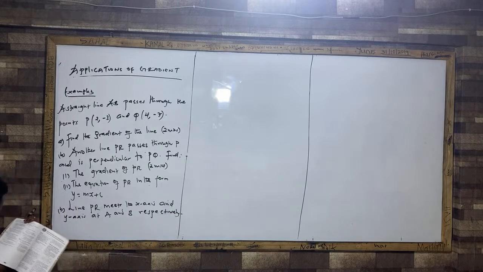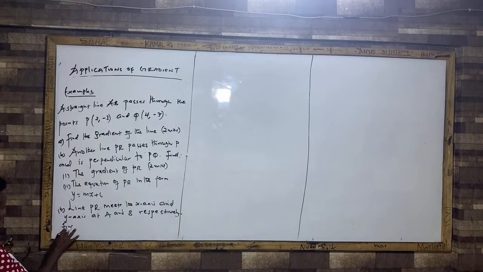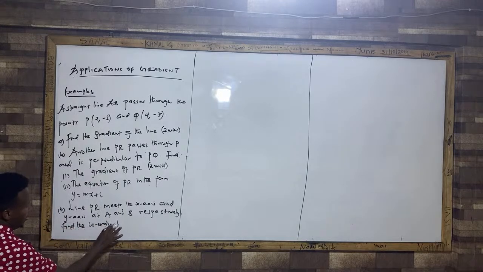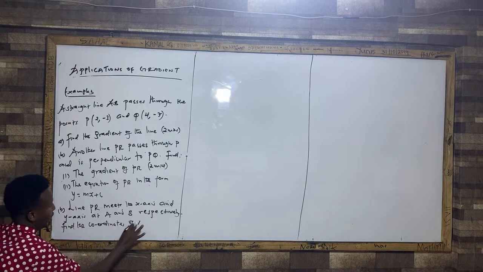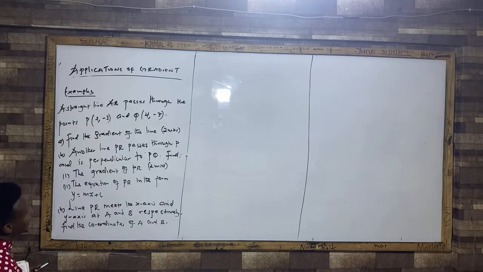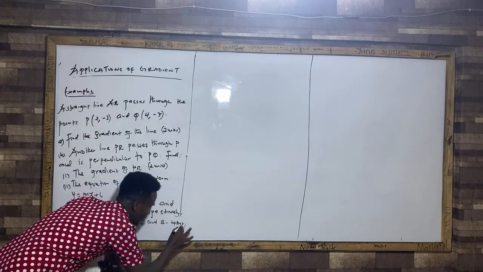You are told to find the coordinates of A and B. So this is carrying 4 marks, okay? 4 marks.